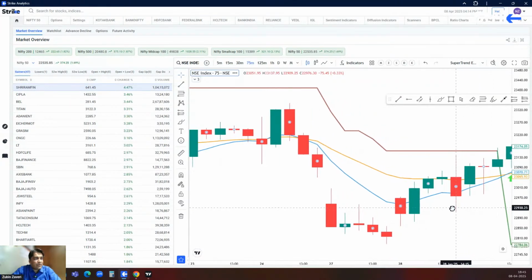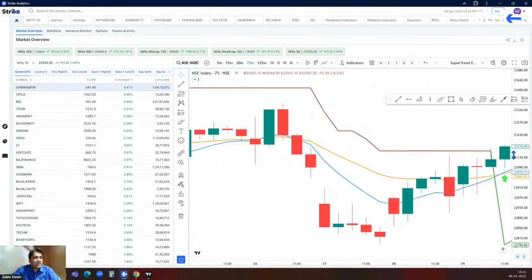Now what has happened over here? With this candle complete, the yellow line has gone down and the blue line has given a crossover. So this is the first signal, and along with this crossover, the super trend has also given a buy signal.